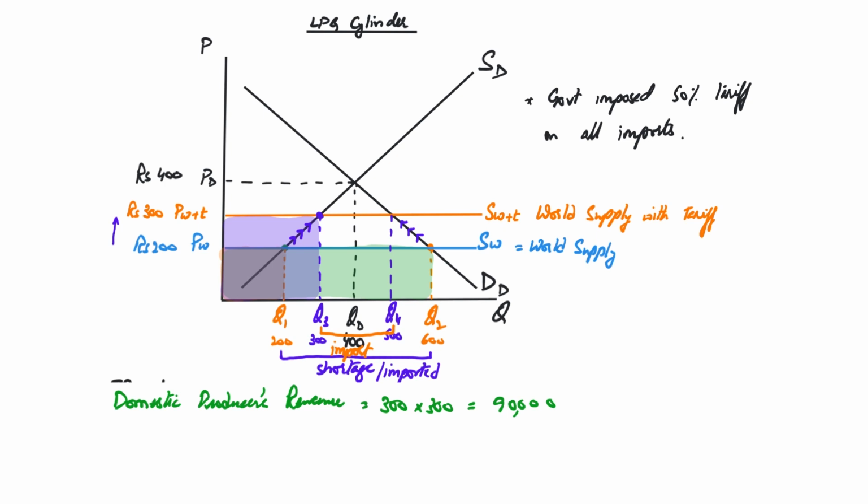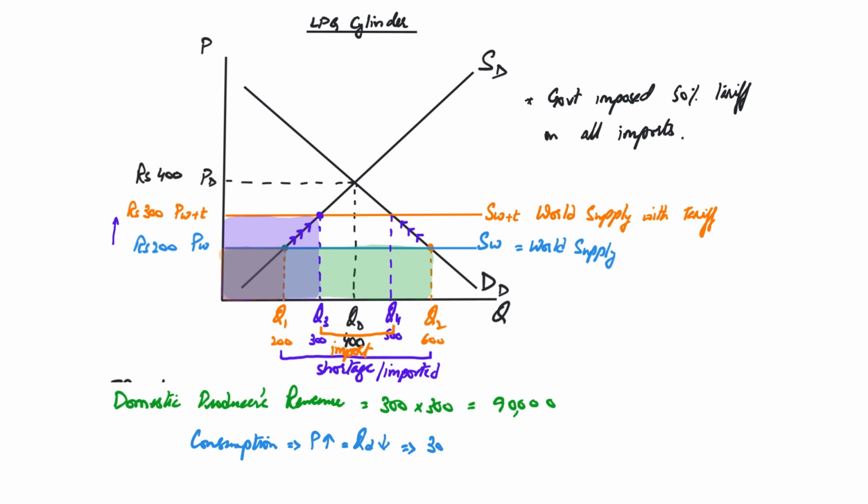Okay, what about consumers? How much money are they going to be spending in this whole thing? As far as consumption goes, unfortunately for the consumers, the price has gone up and the quantity demanded has gone down.